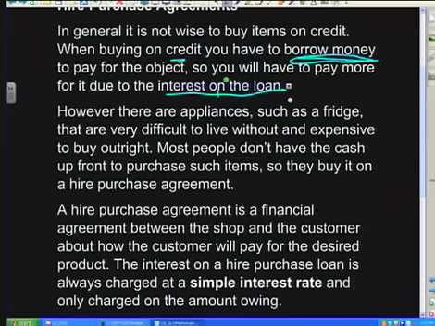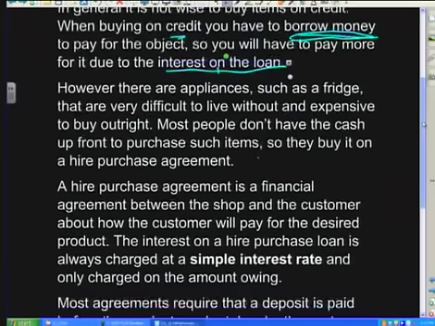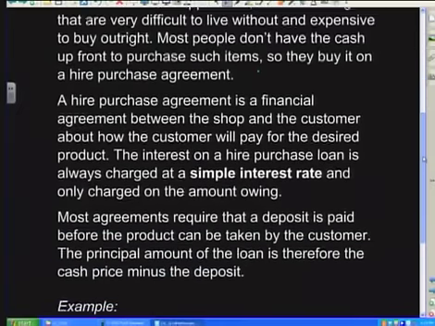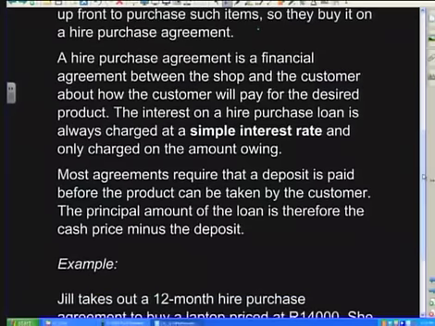Sometimes there are big appliances you have to use credit for, and this is when we use a hire purchase agreement. So what is a hire purchase agreement? It actually is a financial agreement between a shop or a store or whoever it is and a customer, and it stipulates how the customer will pay for whatever item they want to buy.